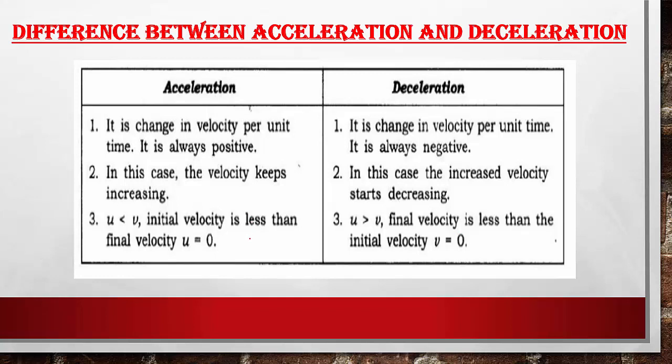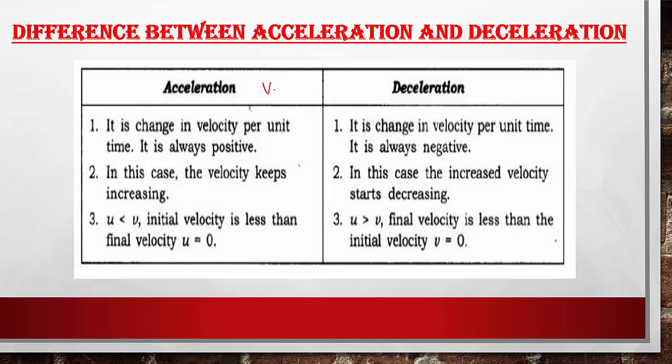Now observe some differences between acceleration and deceleration. What is the first difference? Acceleration is change in velocity per unit time. Acceleration is always positive. Why is it always positive?